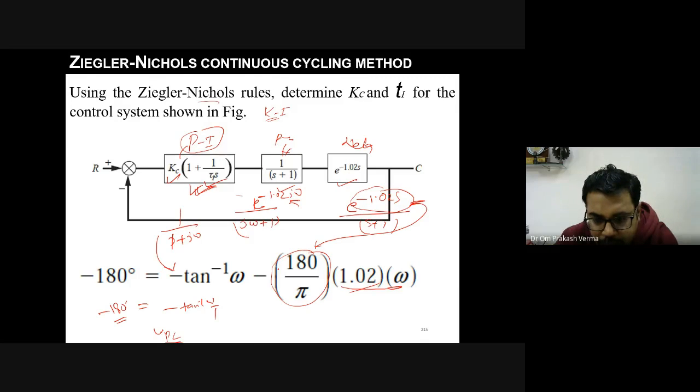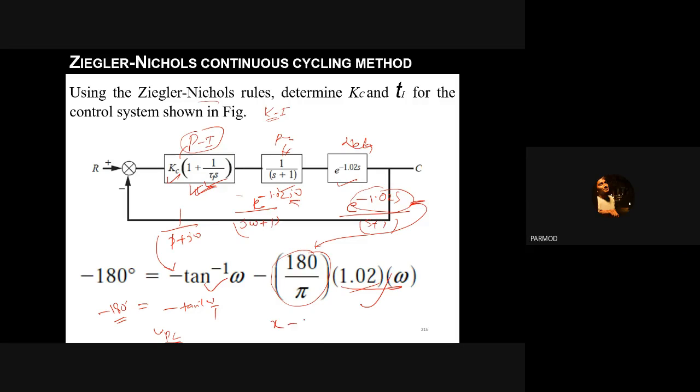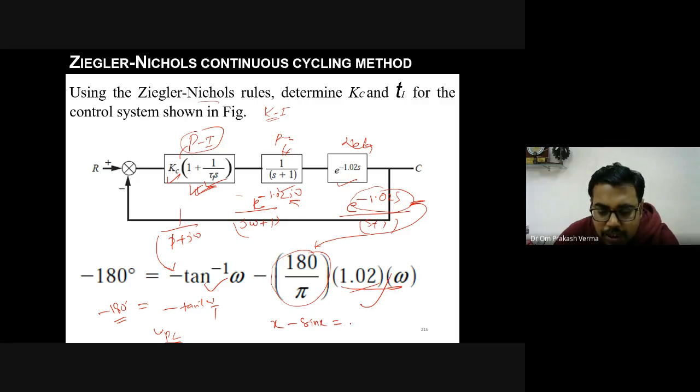How is such a type of equation solved? Can anybody tell me? Is it a simple equation? This equation involves trigonometric and algebraic terms. So how can you solve it? Let's say x minus sin x is equal to, say, 5.